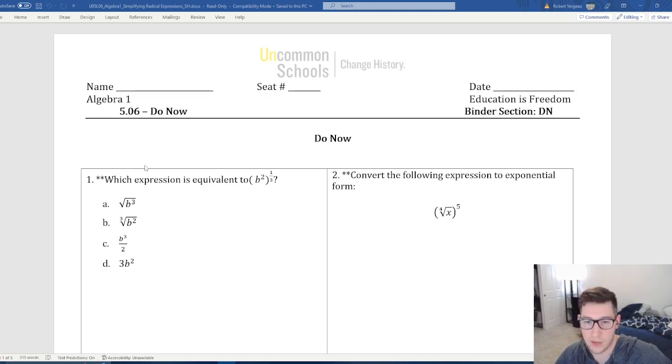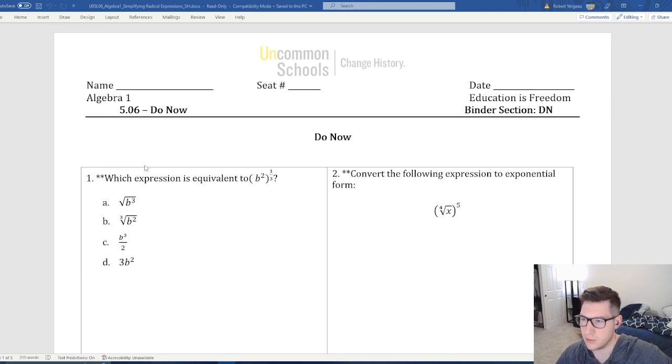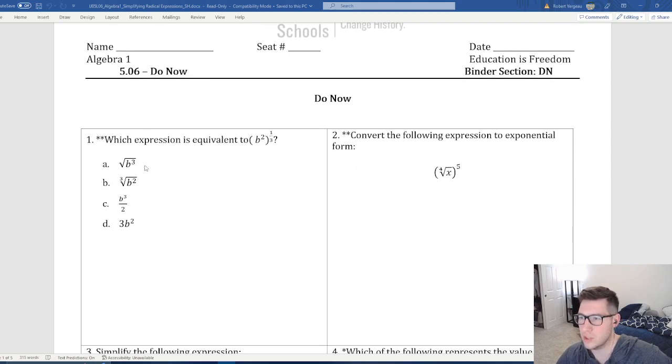By now, you have hopefully already worked on your do now, and so let's quickly go over a few of these questions. If we take a look at number one, which expression is equivalent to b squared all raised to the 1/3 power? Well, we talked about what we do when we have this fractional exponent of 1/3 yesterday, and we had that really nice flowchart.